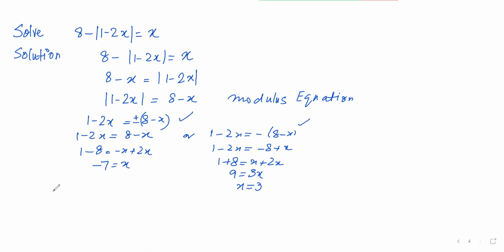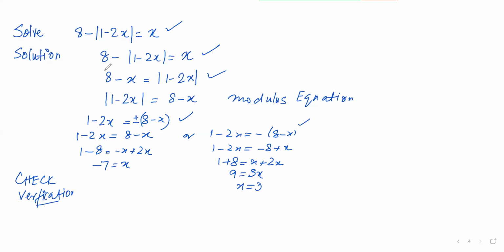So we need to verify them in the given equation. In any one equation, you can verify. This is a verification step, so don't forget to apply this step for the modulus equation.